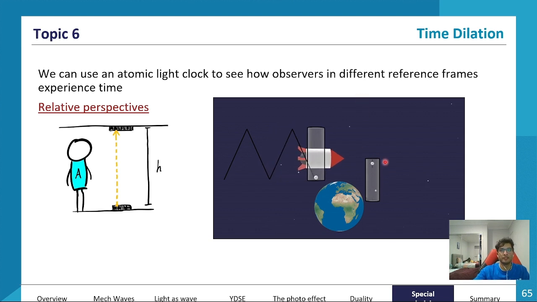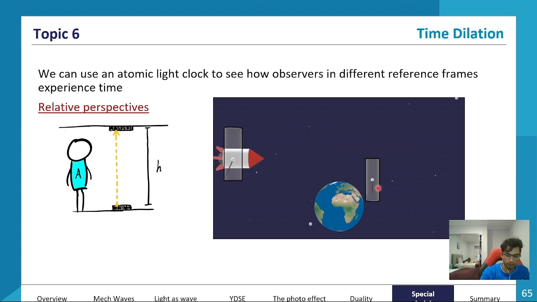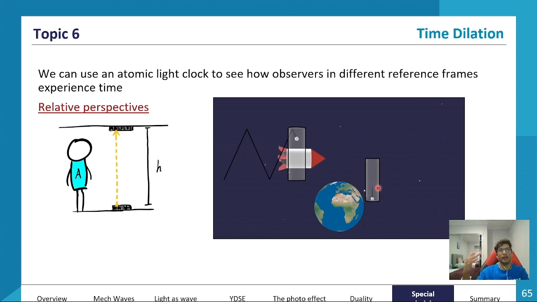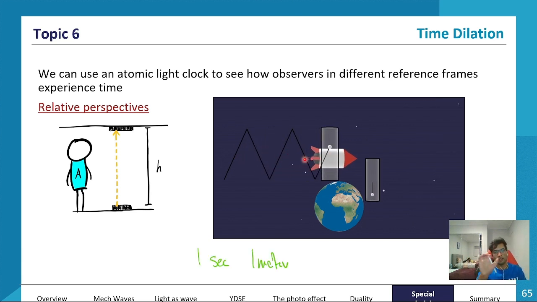So let's say that in 1 second the light travels 1 meter. When you're looking at the rocket, since the rocket is traveling, you can see that the electron is traveling a longer distance.